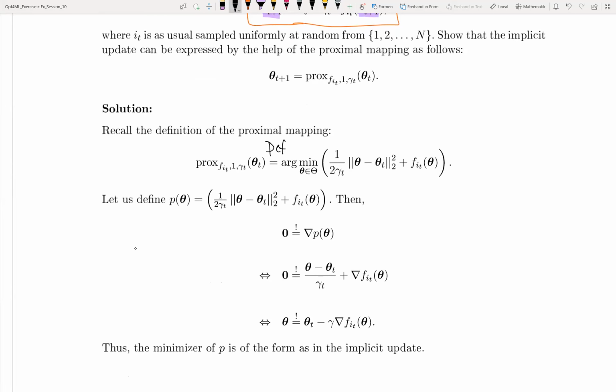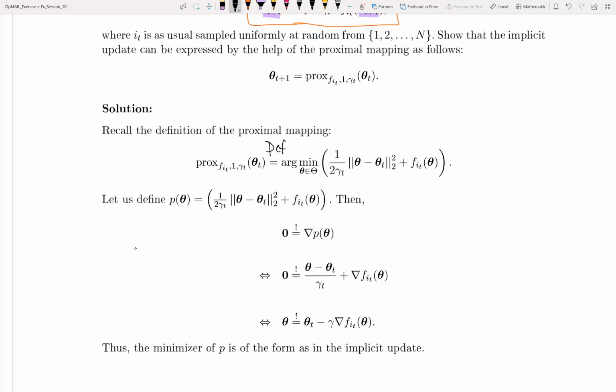And then divided by 2 times gamma_t. The gamma_t is coming from here, this parameter. And then we add to this also the function we want to kind of minimize with the proximal mapping.